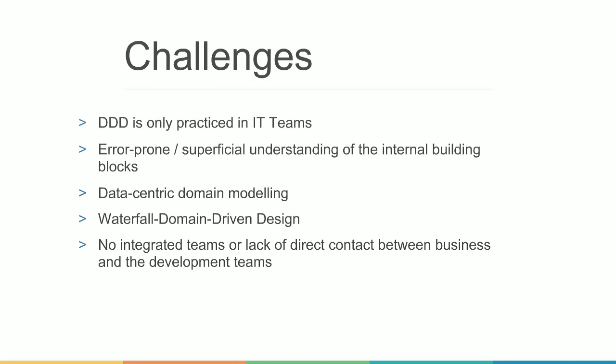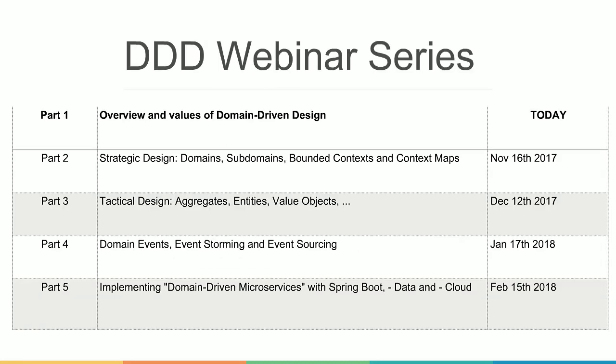Now, if we look at how we go further from that, before we go over to the questions, there are a couple of interesting ones already, as far as I see. The next webinar series will be mid-November, November 16th, before Spring 1, on strategic design. This is where we talk about bounded context, language barriers, domains, subdomains, and all these good things.